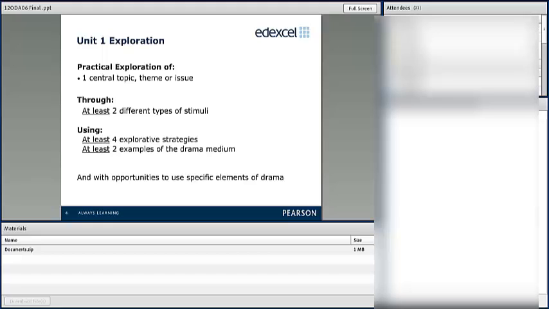My students for Unit 1 and yours for Unit 1 will be taking that starting point of the topic, theme, or issue, and they will be striking out in a range of directions through at least the 2 different types of stimuli that are presented to them, and using at least the 4 strategies and the 2 examples of the drama medium that you have planned for them.